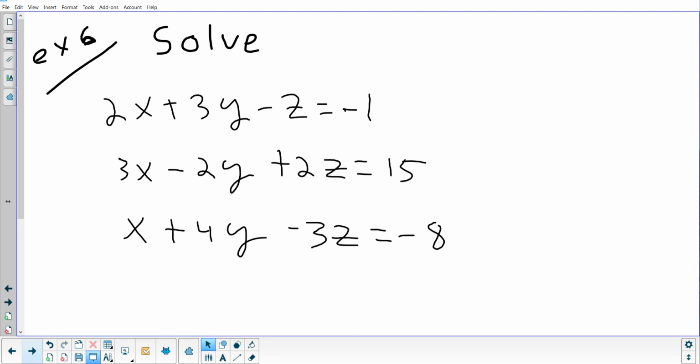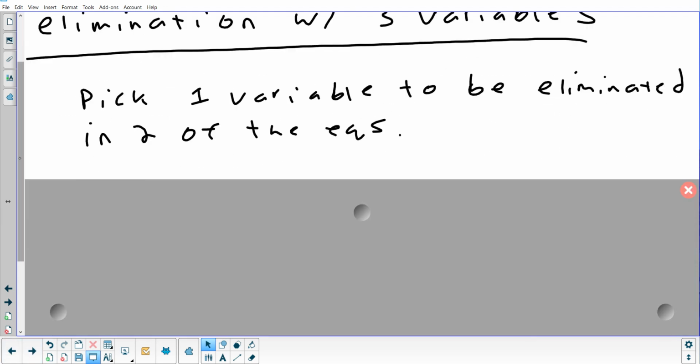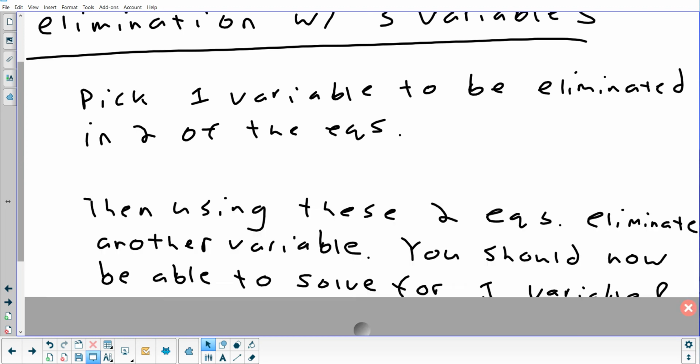And I'm going to try to eliminate the x in the other 2 equations by using a linear combination of this. I don't know what's going to happen with the y and the z's. I'm not worried about that. If one of those cancels at the same time, that's great. If it doesn't, that's okay too. But we're going to pick a variable to eliminate in 2 of the other equations.